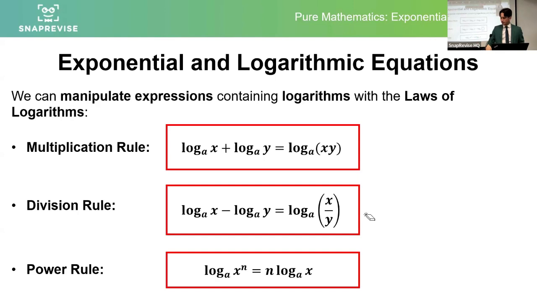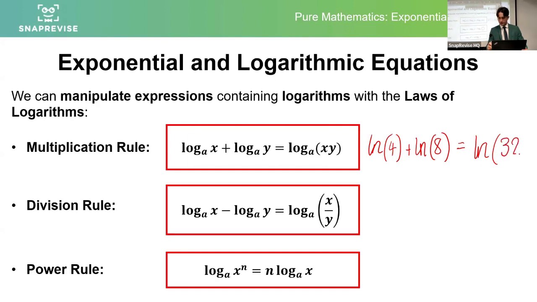So just to give you a few little examples to the side, for example, we had ln, log base e, of 4 plus ln 8. Hopefully we're happy that just using this rule, that would be equivalent to ln of 32, because the addition becomes a multiplication in the log.